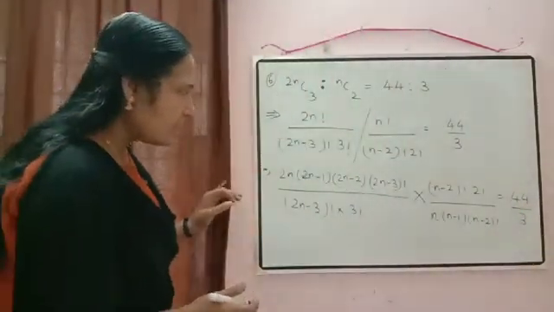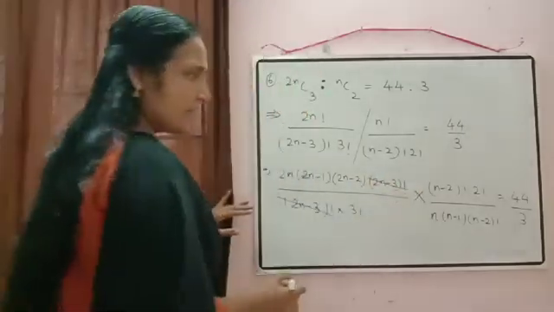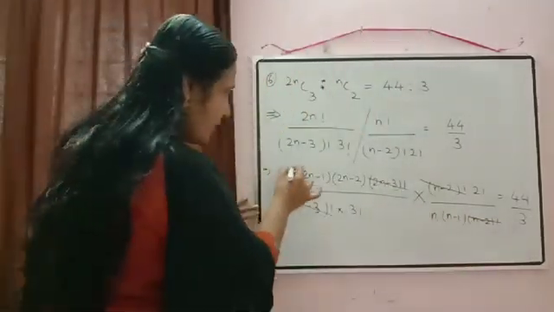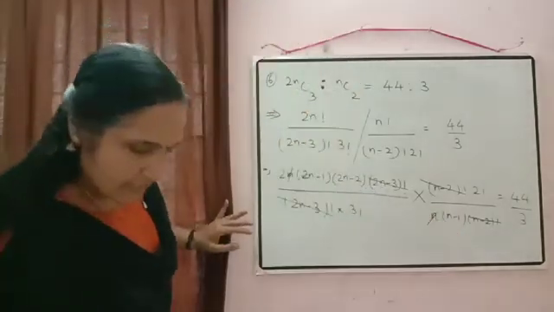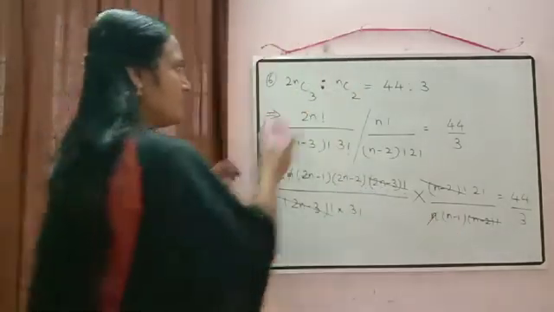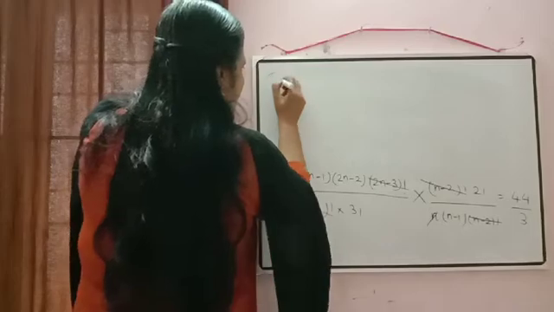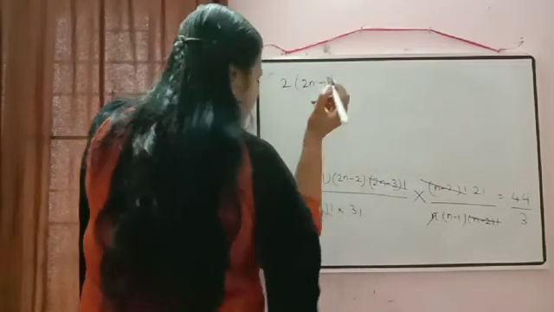Now we can check where we can cancel. Yes, 2n minus 3 factorial will get cancelled here. Then n minus 2 factorial also got cancelled. Now here n and n also got cancelled. Now we can check the remaining expressions. 2 is remaining, then into 2n minus 1 is remaining.